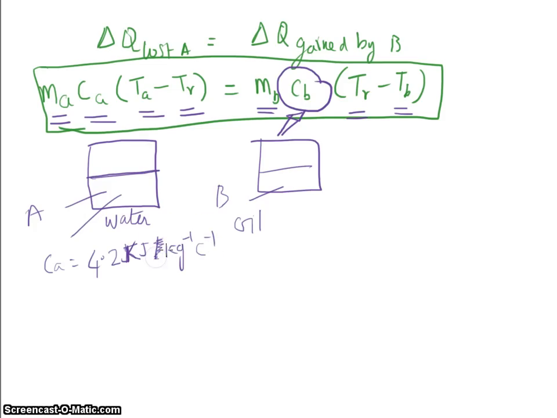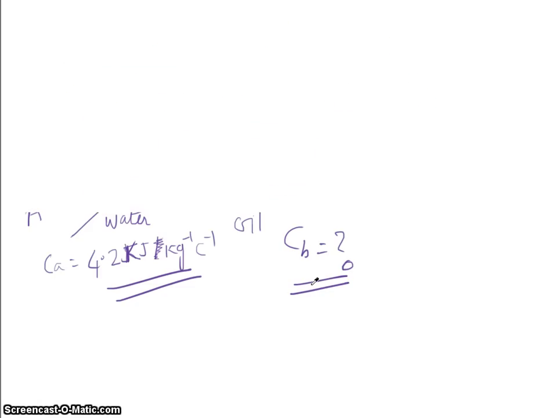So I know that it is 4.2 kilojoules. Then I need to find what is the specific heat capacity of the oil. That's how you use the principle of calorimetry.